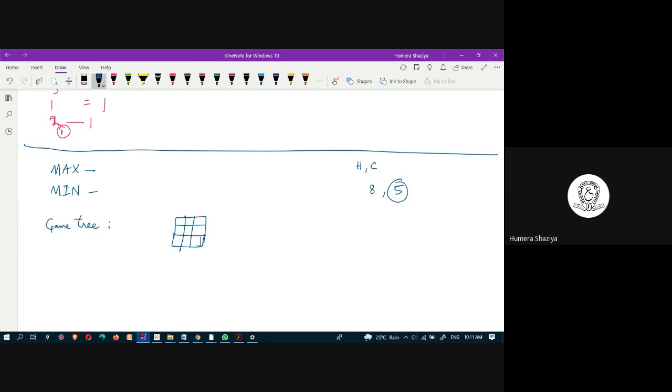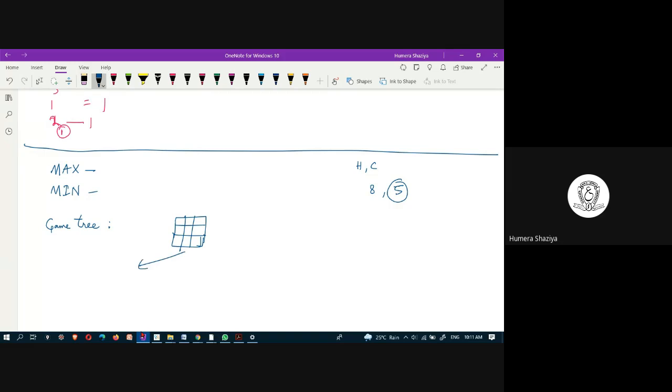This we could do, and we get different configurations. That is a representation of the move. And a game tree is a tree that represents all the plays or the moves of the game.